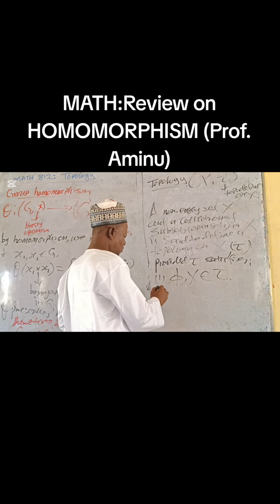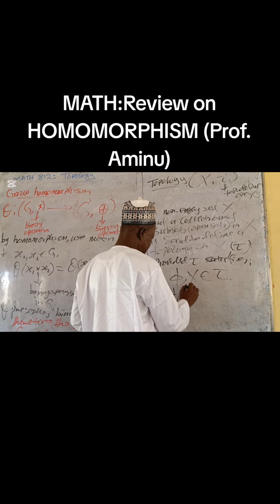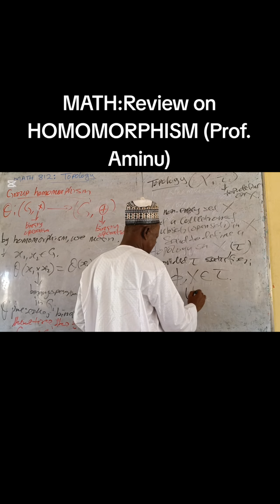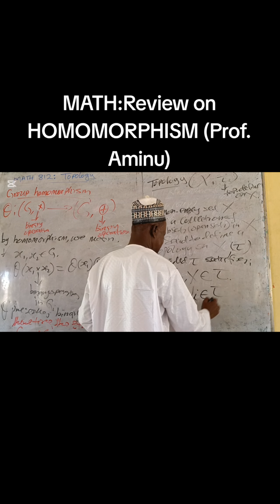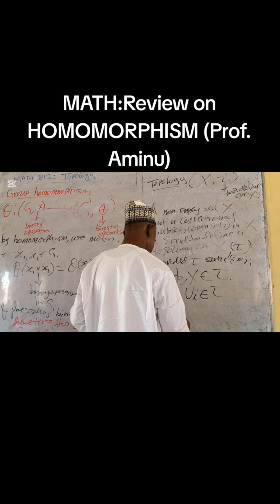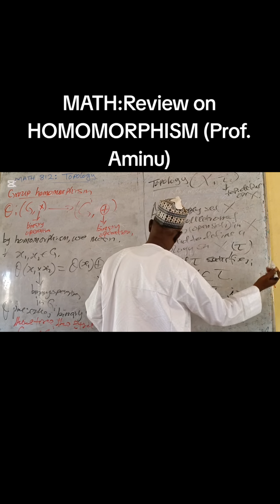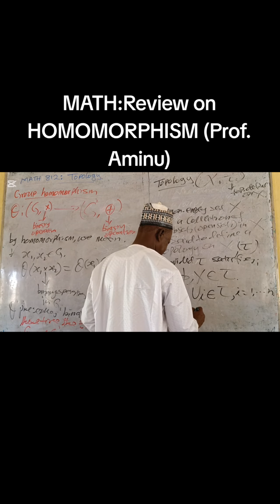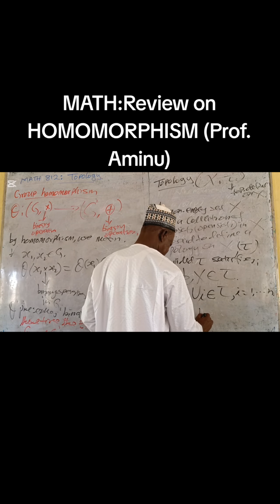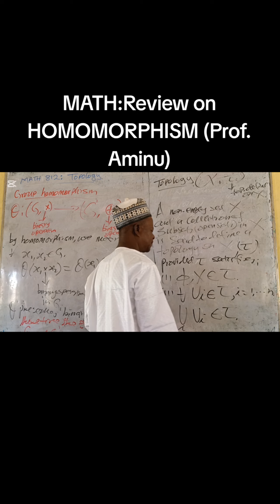Okay. Two, for any U_i you pick in tau, the union over i, where i runs over an index set, of this U_i is also in tau.